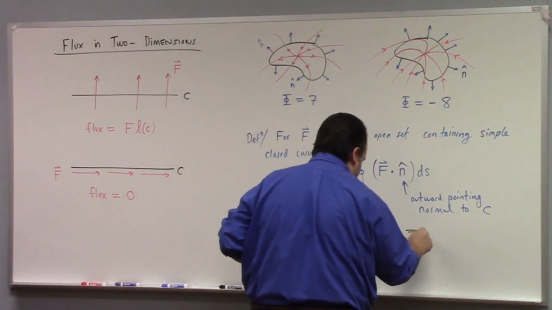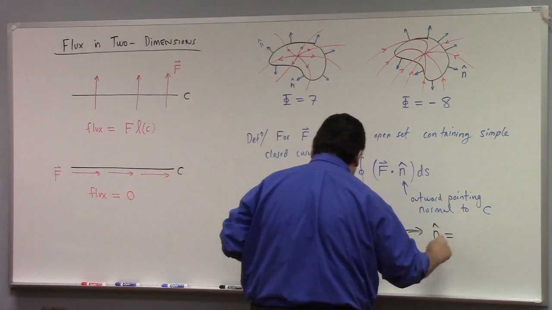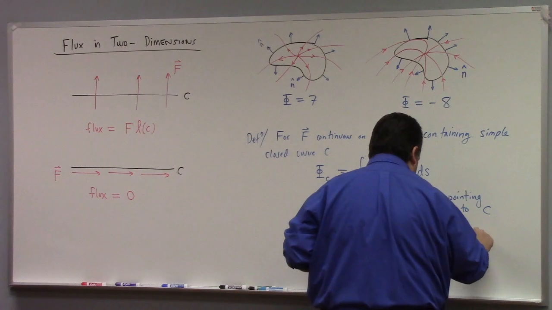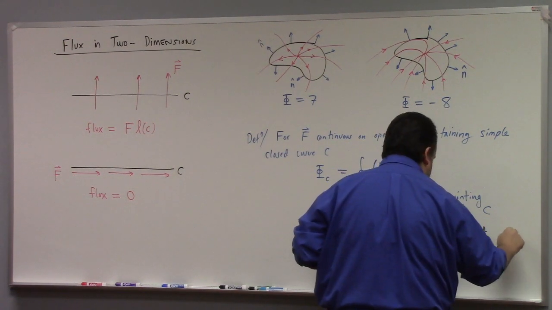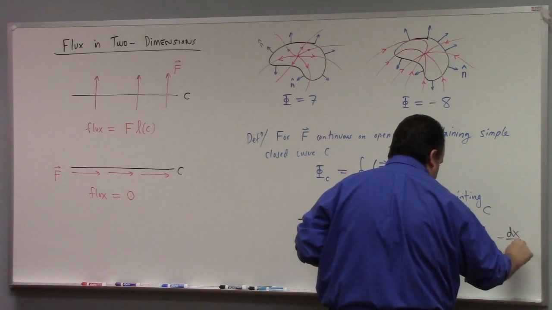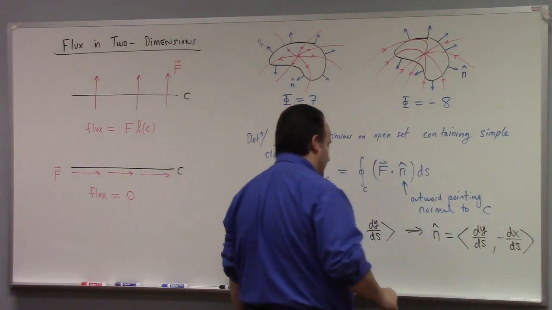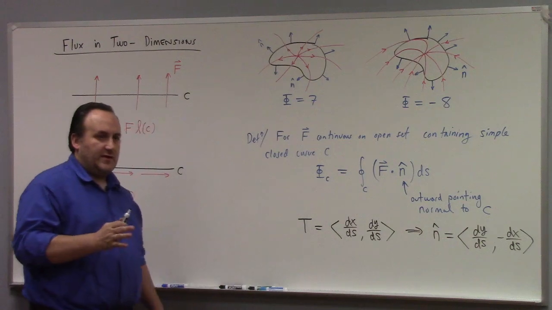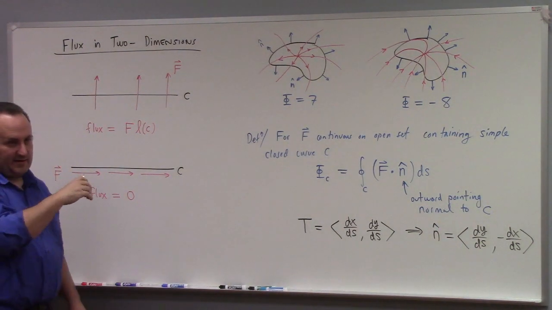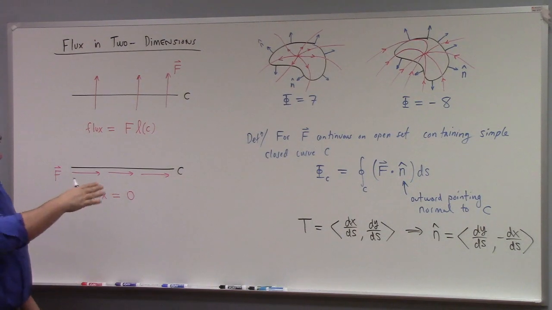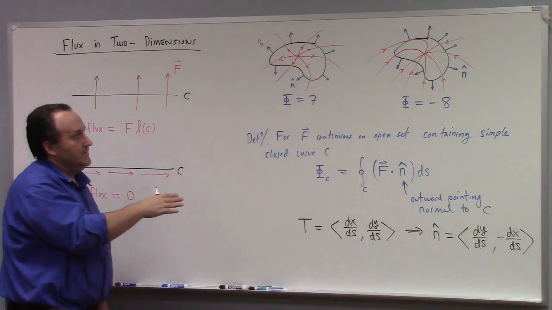Then that tells me that my unit normal is equal to dy/ds, comma, minus dx/ds. Now, can you see that? Look at the pictures up there and convince yourself that that's the legitimate formula for the outward pointing normal.